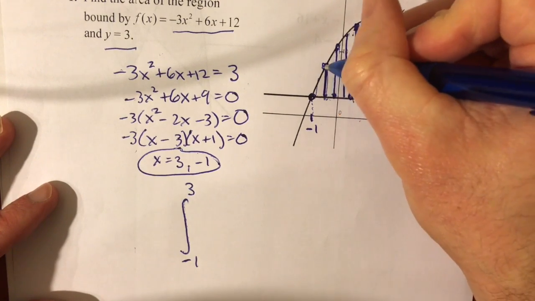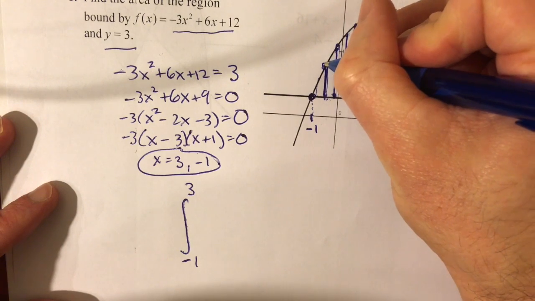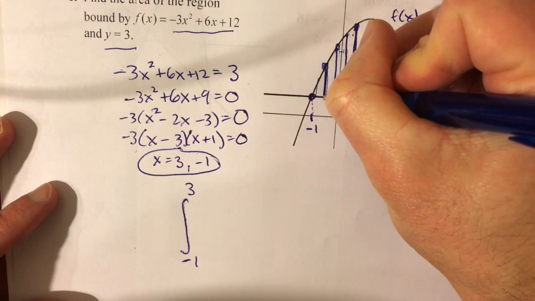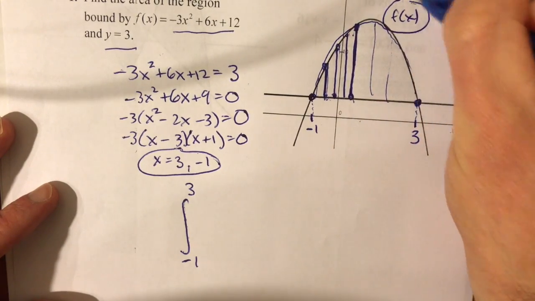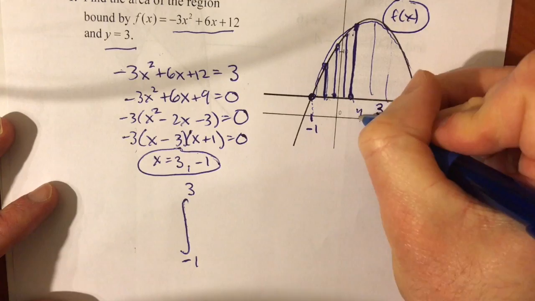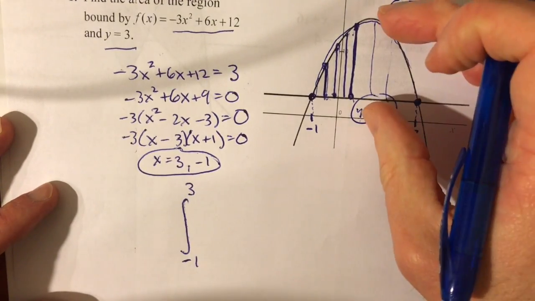And since a distance is always a positive thing, you always want to do the top y value minus the bottom y value. Or in this case, for this entire region, the top curve minus the bottom curve. So that's really the big thing. You want the area trapped between these two.